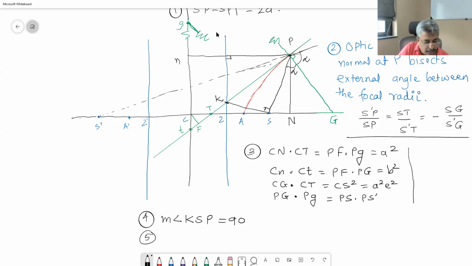Foot of perpendicular from focus on tangent lie on auxiliary circle.